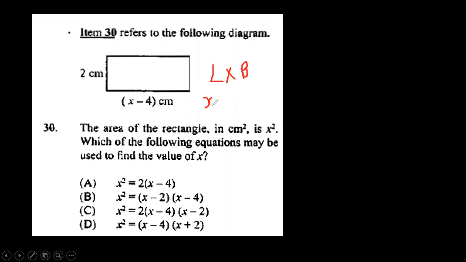X minus 4. We're using mathematical knowledge. X minus 4 is multiplied by 2, and that has to be equal to x squared, because x squared is the area of the rectangle.